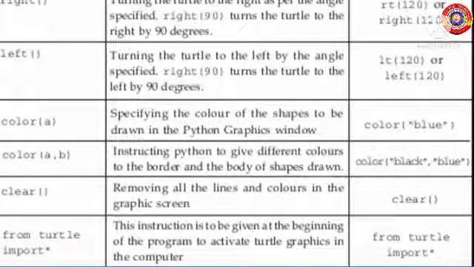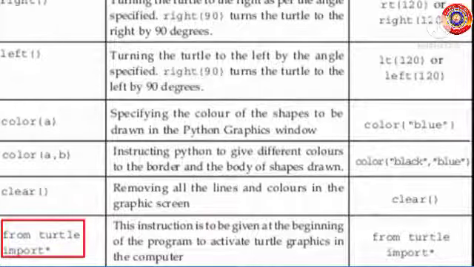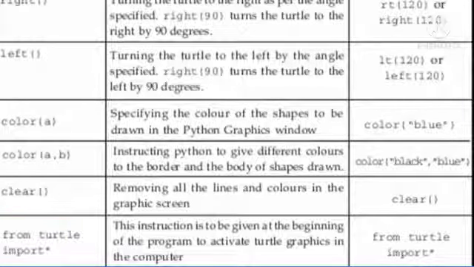Now, the last instruction, from turtle import star. This is a very important instruction. This instruction is usually used at the beginning of the Python program. It is used to import another software, the turtle software, into Python graphics.